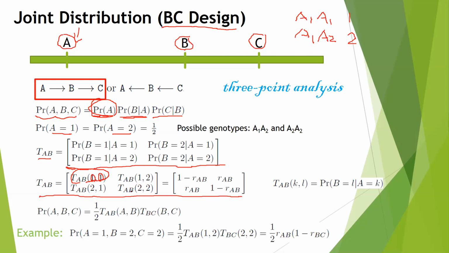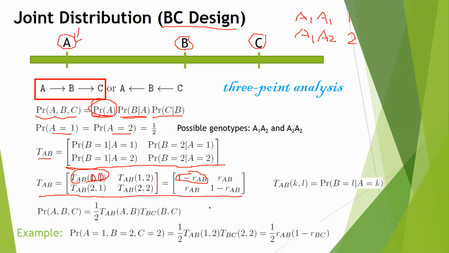Because this is a backcross design, if A and B are both of genotype 1, that means there's no crossing over, no recombination between these two loci, right? So the probability should be 1 minus RAB. RAB represents the recombination frequency, which everyone should be very familiar with.